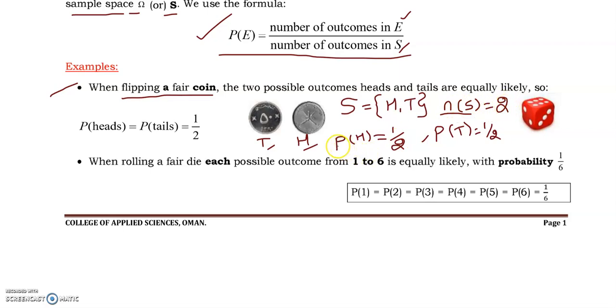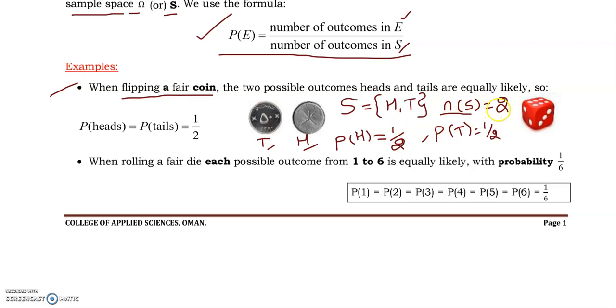Now P of H is equal to 1 over 2. How are we getting this? Probability of head is equal to 1, where 1 means the favorable event H appears in the sample space only one time, divided by the total number of outcomes, that is 2.